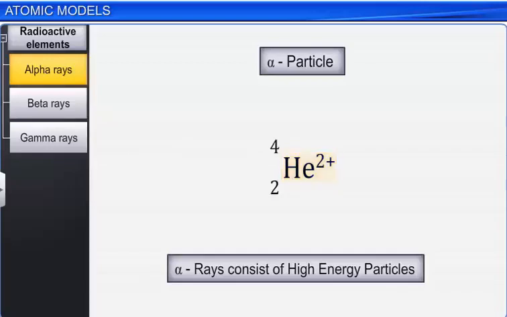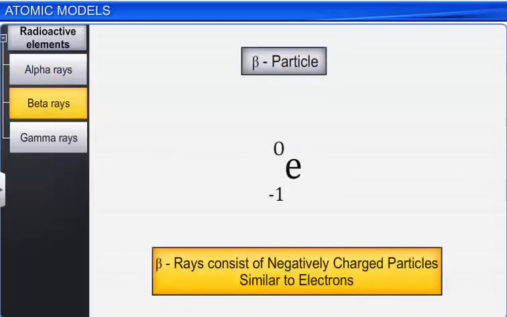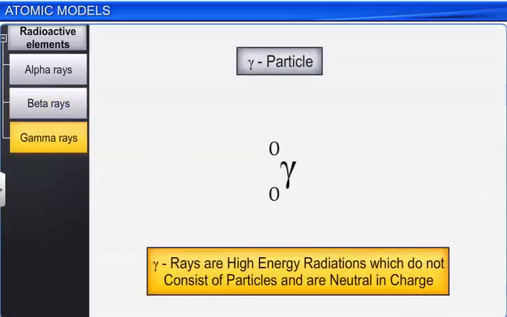The beta rays are negatively charged particles similar to electrons. And the gamma rays are high-energy radiations like X-rays. Unlike alpha and beta rays, gamma rays do not contain particles and are neutral in nature.